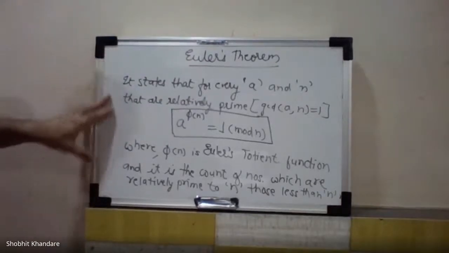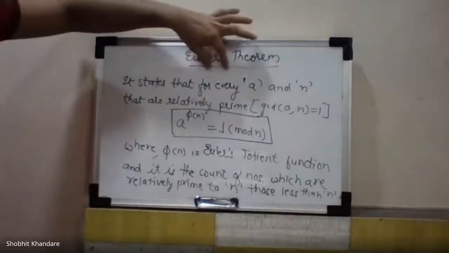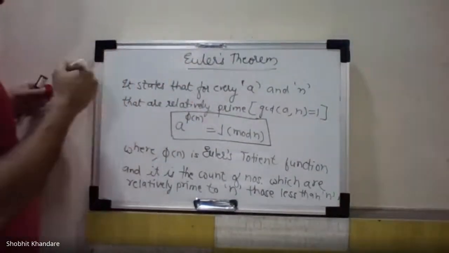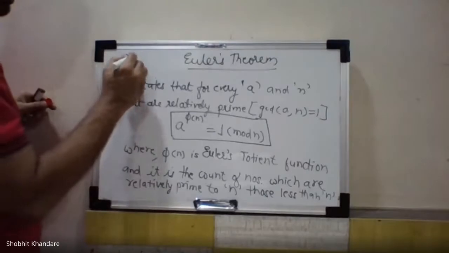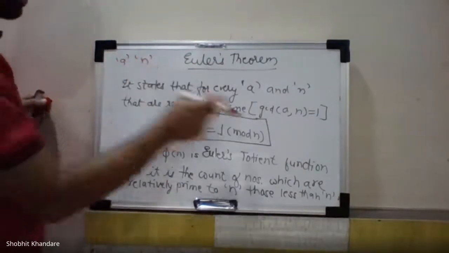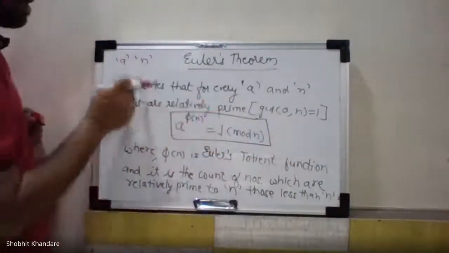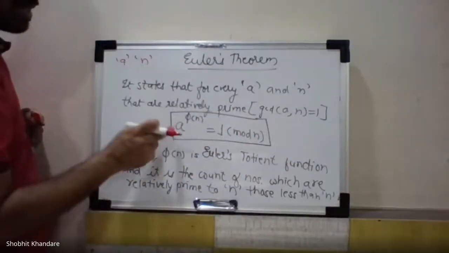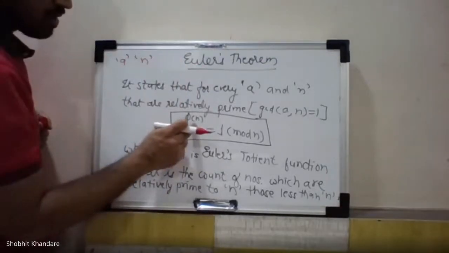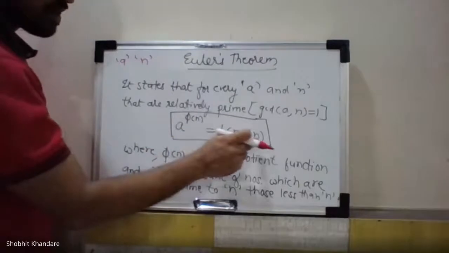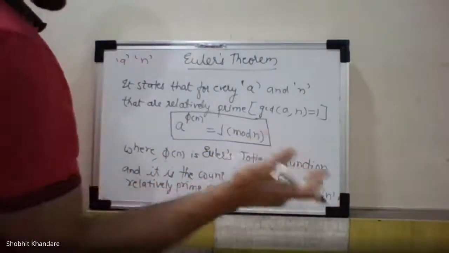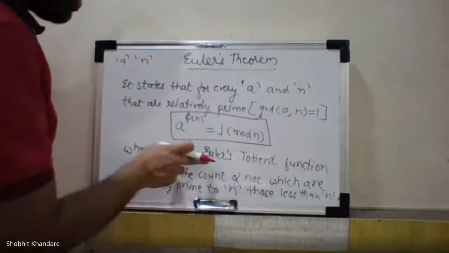So we'll see what this is. It states that for every a and n, so you have two numbers, a and n, and they are relatively prime, meaning their GCD should be 1. If they are relatively prime, I can write under Euler's theorem a to the power of phi of n is equal to 1 mod n, where phi of n is Euler's totient function, which we have already seen in the RSA.